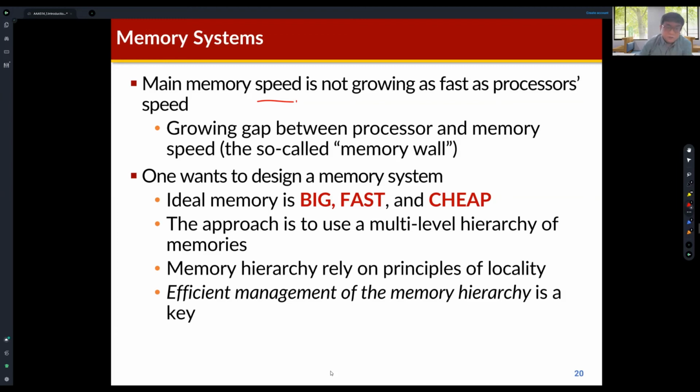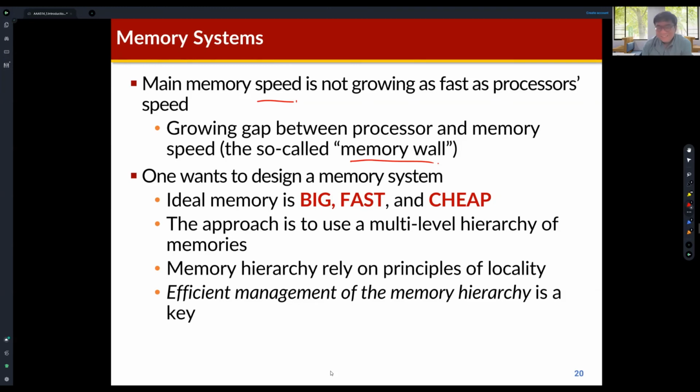The performance of memory systems determines the performance of the entire computer system. This is called the memory wall: the memory is slow, but the processor is fast, so the performance is determined by these slow memories.